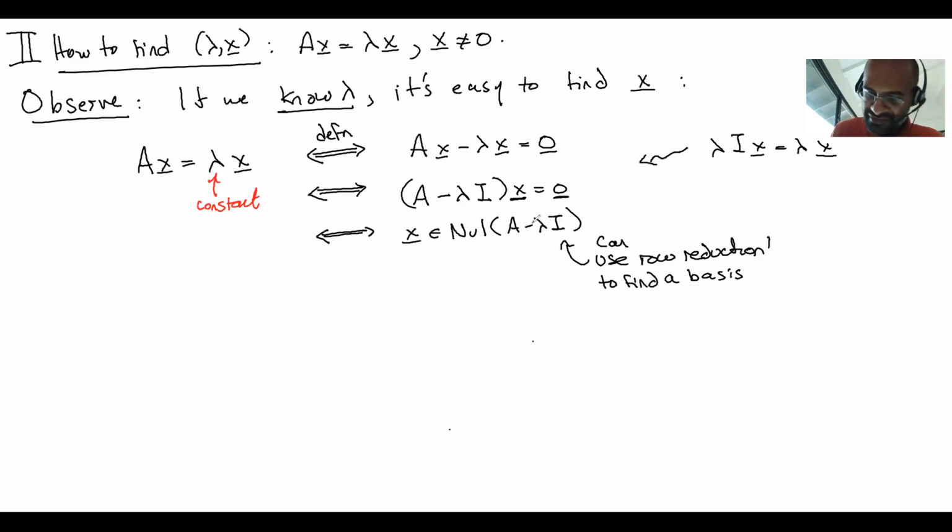And so then it's just a linear system. That's all I mean. Does that answer the question? Yeah, thank you. So of course, lambda is not a constant. We'll get to that later. But if we knew lambda, then we could just do row reduction.